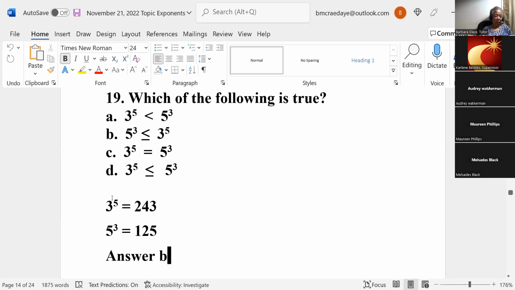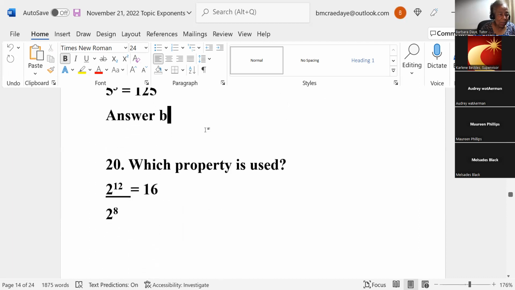So 3 to the 5th has to be greater than, but you don't have any greater thans here, right? So you got to look at your less thans. Questions on 19? No. Okay, so let's look at the last one, 20.